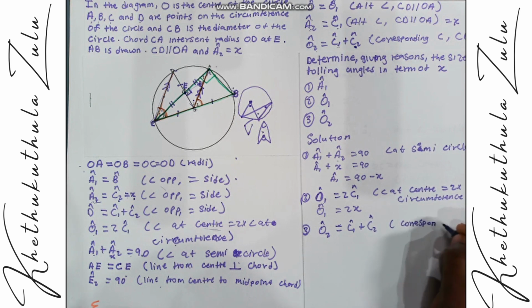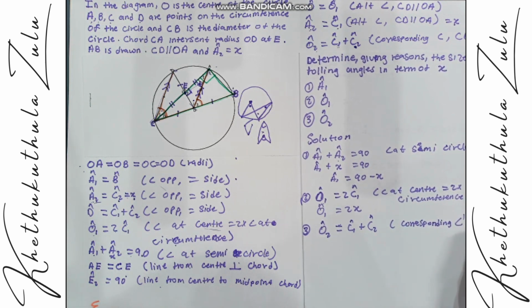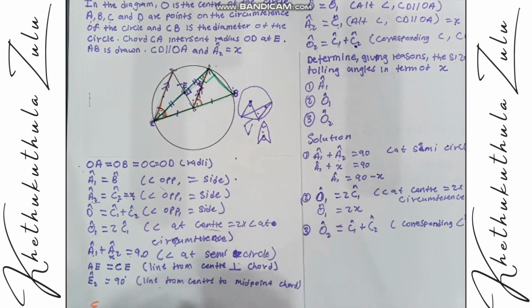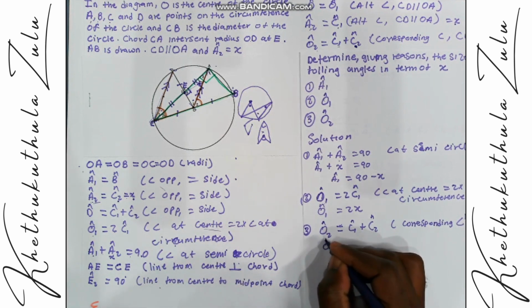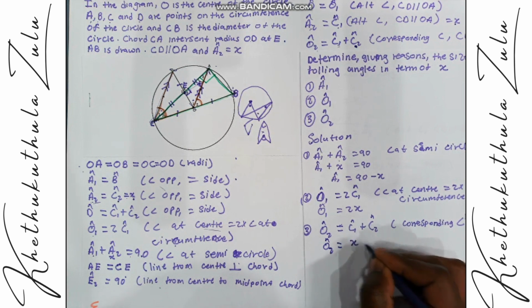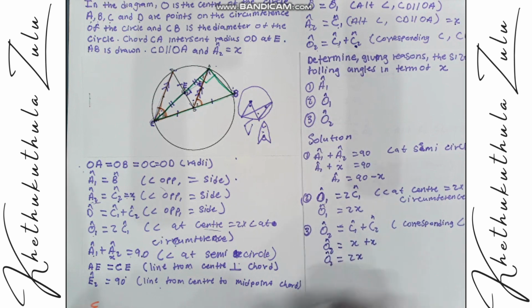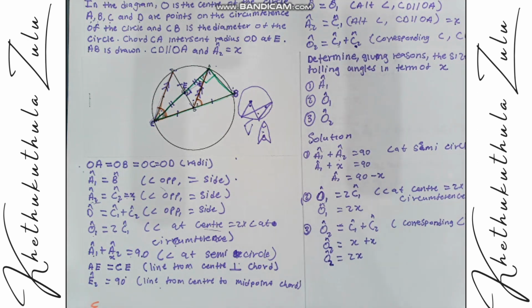There's no need to go to the diagram trying to look and make everything, because we're just taking from what we have already collected, from our analysis, our data. So now O2 is just equal to x plus x, which is just 2x. I hope you see guys. Then O2 angle corner is just equal to x.